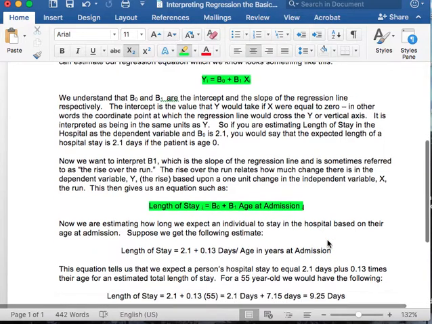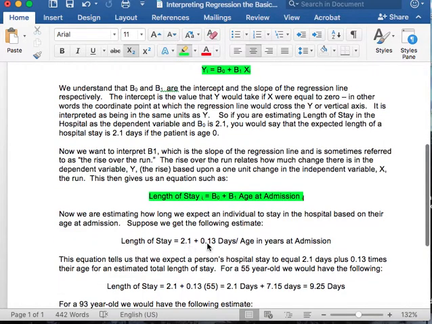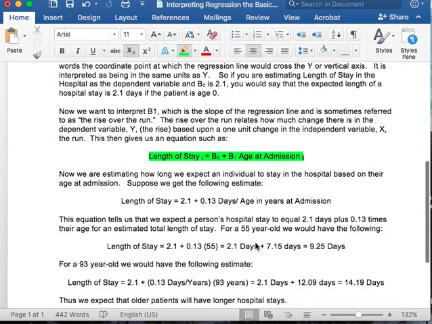So length of stay could be equal to 2.1 plus 0.13 days per year of age at admission. If that were the case, then for a 55-year-old we would estimate 2.1 days plus 55 times 0.13, which is 7.15 days, so a 55-year-old would have an expected hospital stay of 9.25 days.